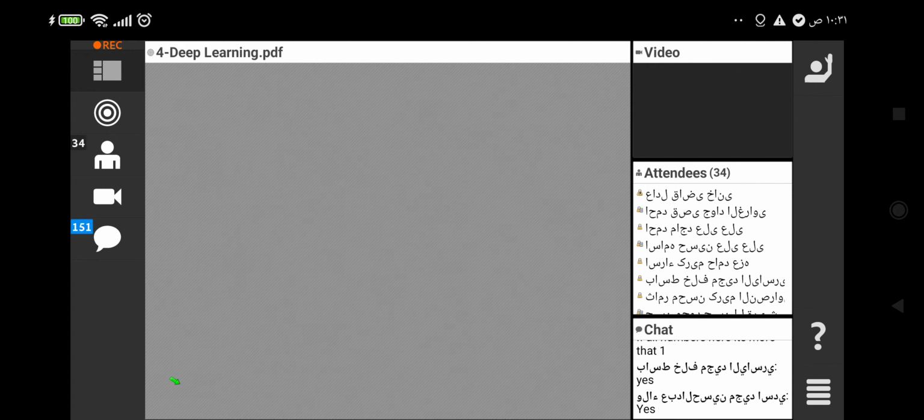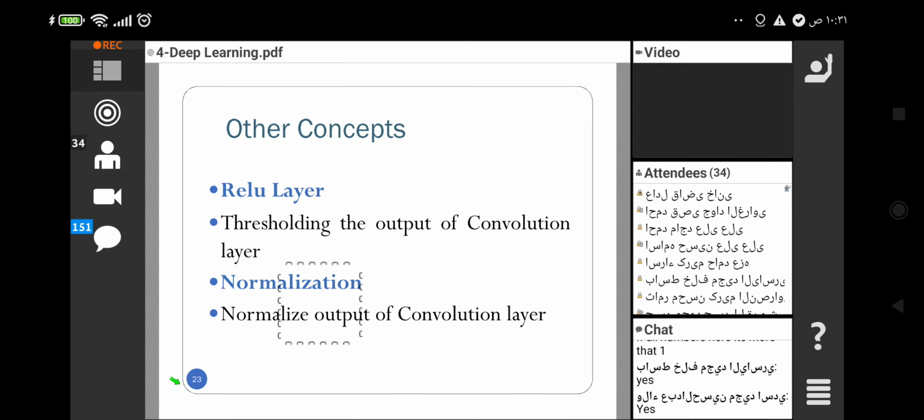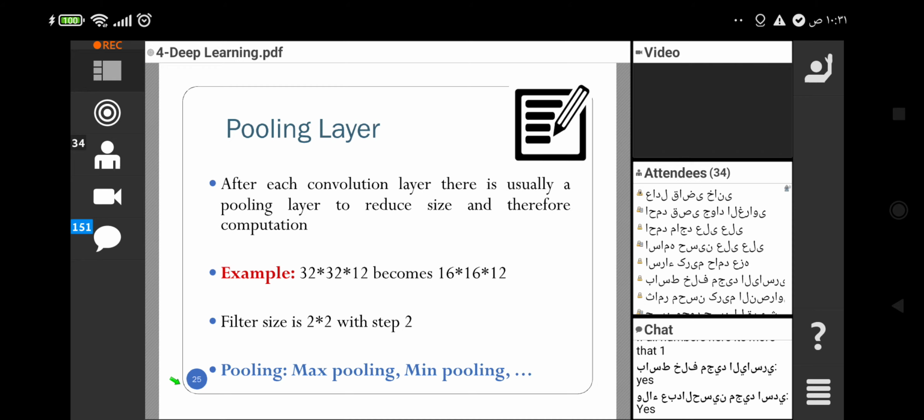So in the ReLU layer and in the normalization layer, we don't have any weights. We don't have learning. And the last layer that I want to talk about here is the pooling layer. What is pooling?